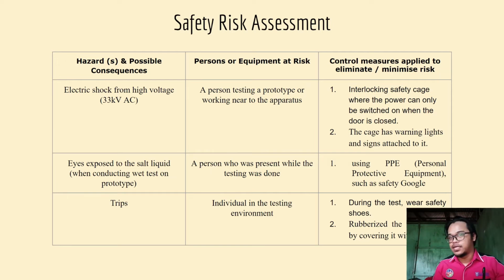The next hazard is trips, affecting persons and equipment, including individuals in the testing environment. Control measures applied: first, during the test, wear safety shoes, rubber shoes, for safety. Second, cover the testing area with a rubber mat.